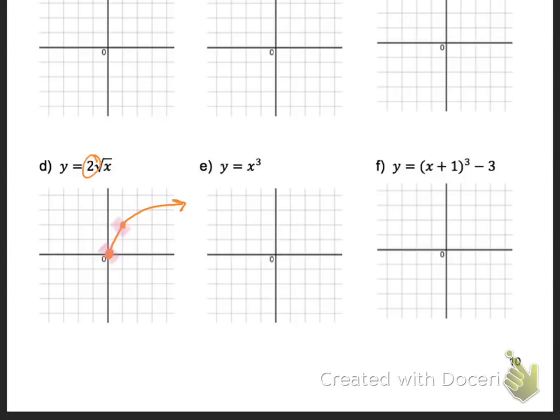We've got the parent function of x cubed. I am always going to start at 0, 0. So maybe you want to say like that's my starting point. It's the same with the square root function. So maybe back at a, my starting point is at 0, 0 as well.